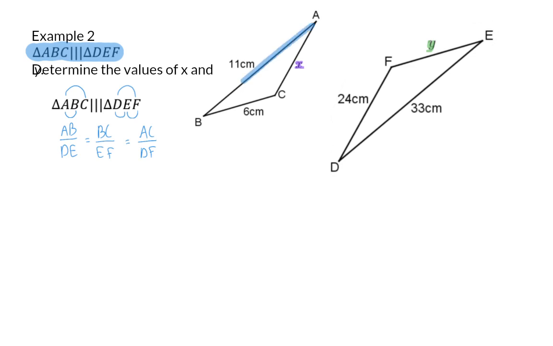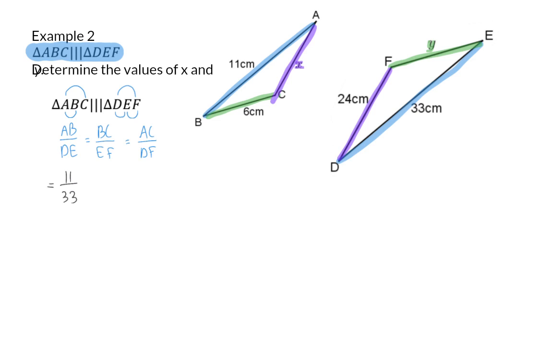We just said that side AB fits with DE. Next, BC fits with FE or EF. And finally, AC goes with FD. And now we can substitute all the information given. AB is 11 centimeters and DE 33.